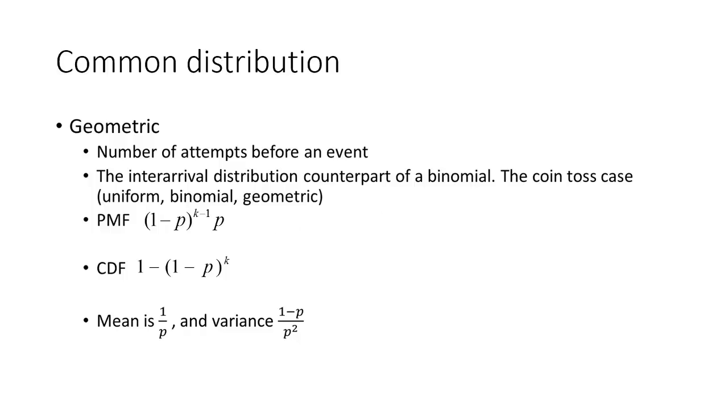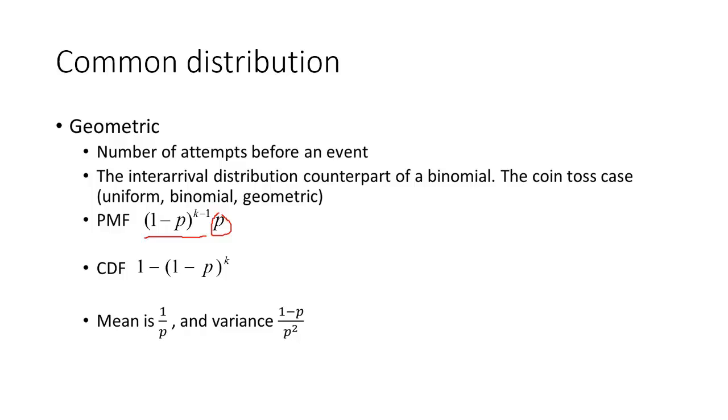Out here, all we're doing with the probability mass function is asking for the probability of getting k minus 1 tails before the actual success. If p is the probability of getting heads, here we're defining the distribution as the first toss on which I get the heads.